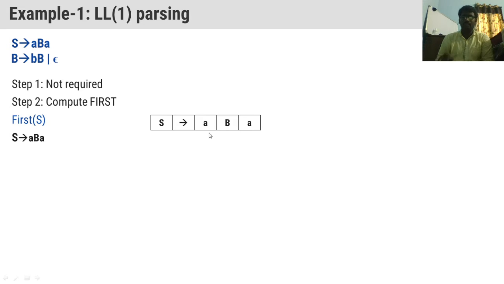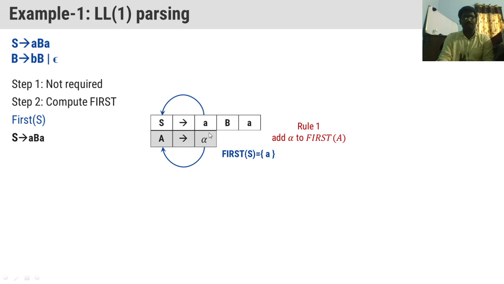We are looking at the starting symbol of S. So first of S equal to small a. You don't need to consider anything else. That's it. Hope you all understood. The first symbol of S is small a, that's why the first set of S equal to small a only.